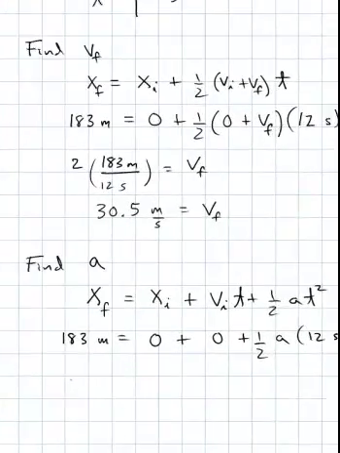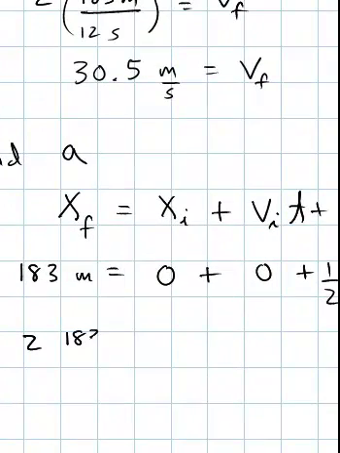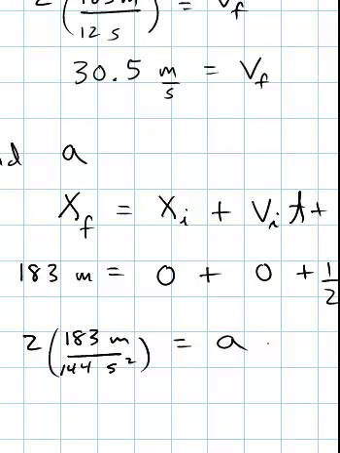And that gets me, the 2 comes over, 183 meters over 144 seconds squared is my acceleration, and that's 2.54 meters per second squared. That's also a positive value.